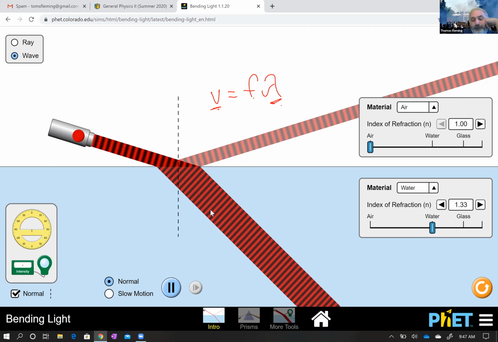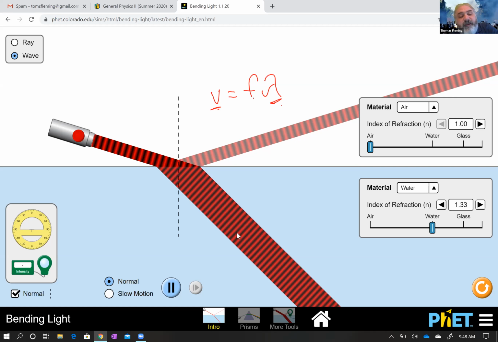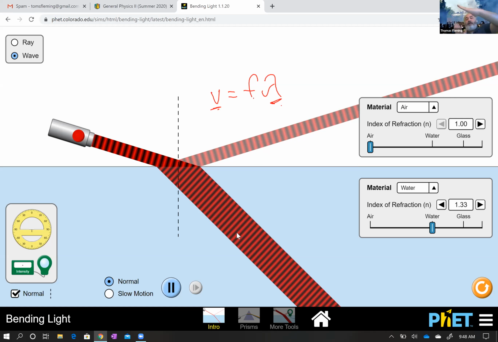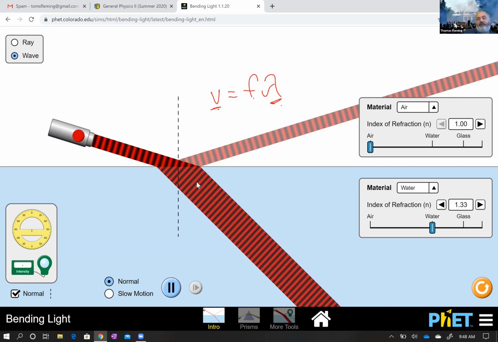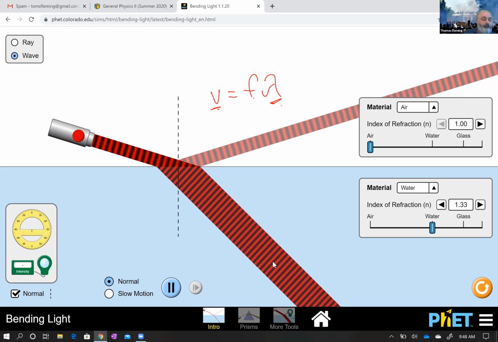And so you can see that this bending effect that we're getting when we go from air to water is happening because one edge of the beam slows down a little bit before the other edge of the beam, and that's causing the rotation effect. It's causing the reorientation. And now my beam of light is traveling in a slightly different direction than it was previously.